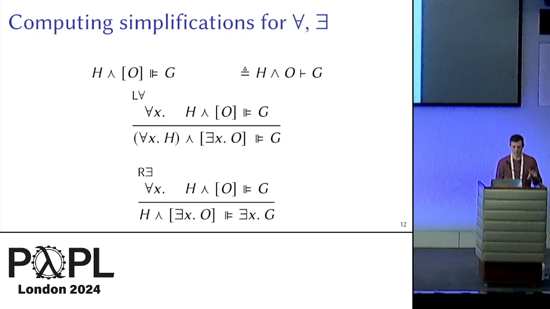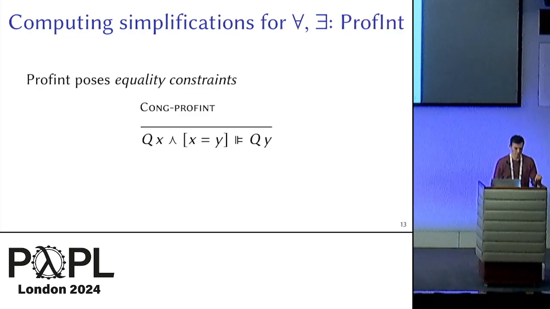Now, these rules I've shown you thus far are the basis of the Profint system. They add the following base rule. So if you have atomic predicates Q on both the hypothesis and the goal side, then Profint says, okay, it's now enough to prove these two values equal. And this works, of course.